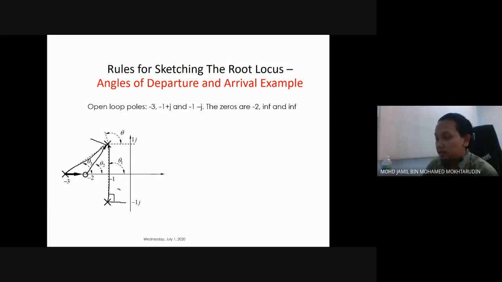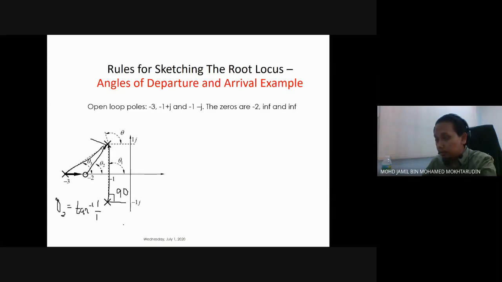So this line is 90 degrees. This line here, you need to use tangent, cosine or sine, depending on the trigonometry. So theta 2 is tangent inverse, opposite over adjacent. The opposite is 1 over 1, the length of this is 1.